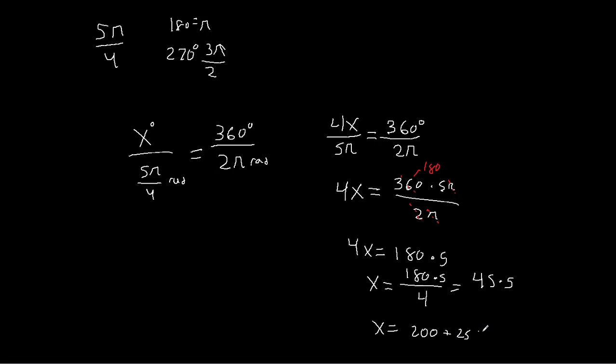So we're going to end up with 225 degrees. Okay. Again, I was doing this so that I didn't have to use a calculator. Hopefully you were able to follow everything. But we end up with 225 degrees, which is actually the correct answer.